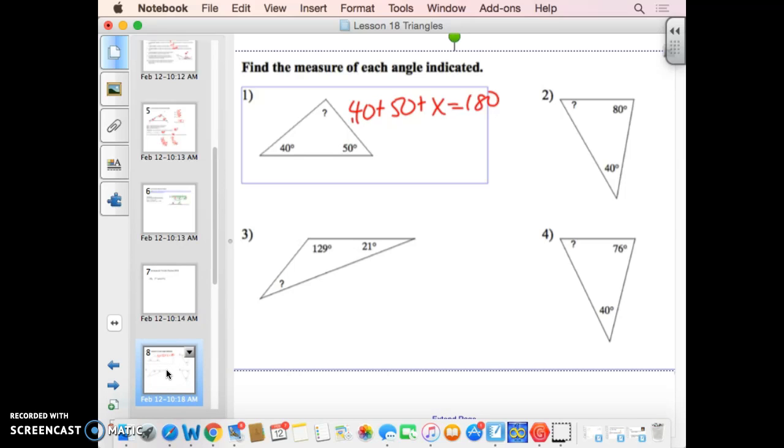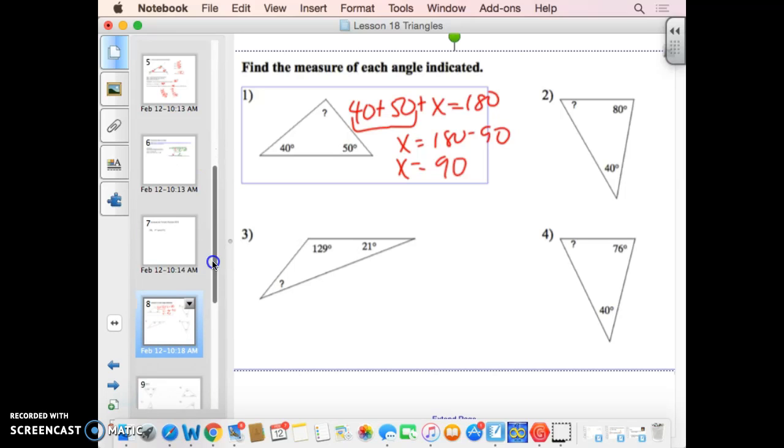So then it's just a matter of combining your like terms. So x is going to equal 180 minus 90. So x equals 60. I'm sorry, not 60, 90. Ooh, it's a 90-degree angle. Okay, so all the rest of these are going to set up like that.